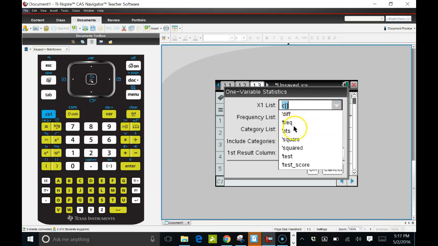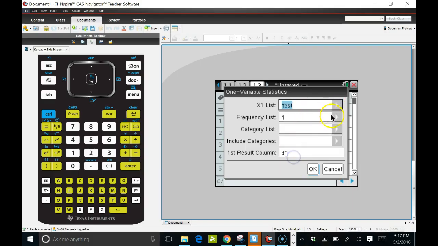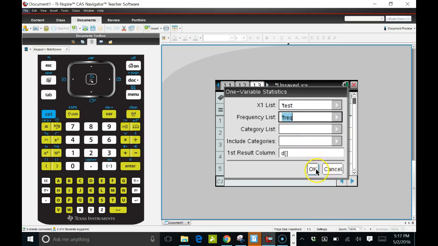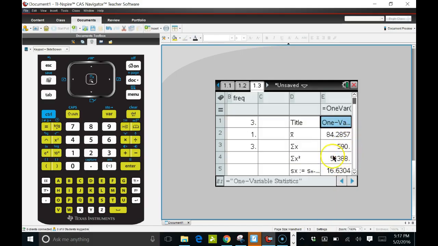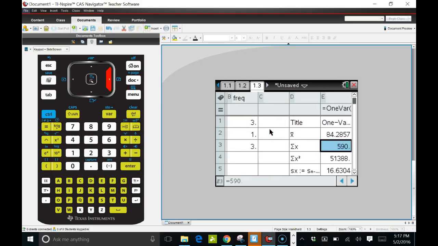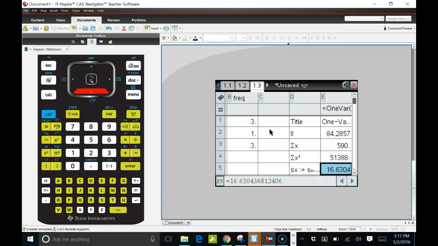The list is called test, and then we have a column called frequency, and now we hit OK. This is now the mean for all of the tests, and I want you to realize that there are not 3 tests, but 3, 4, 7 tests. This is the sample standard deviation in blue, and this is the population standard deviation.